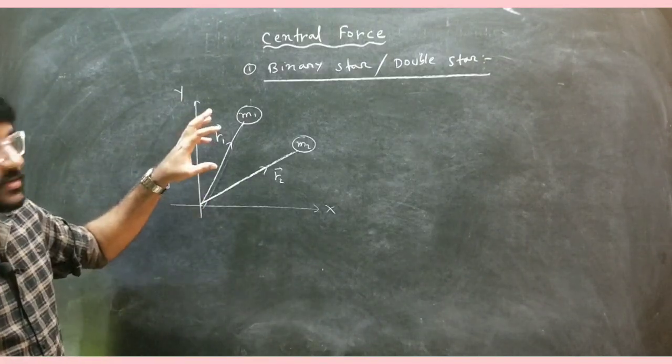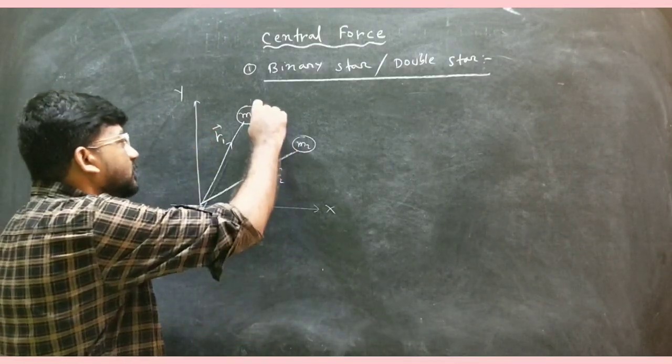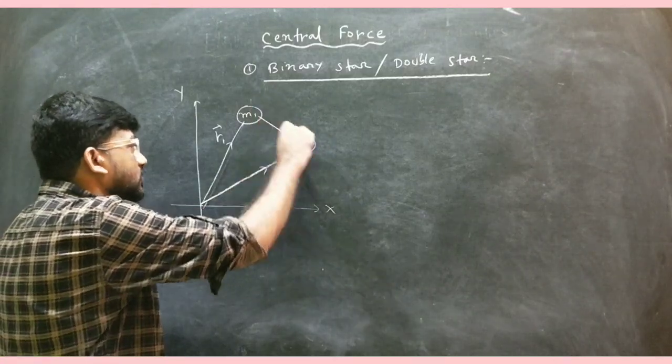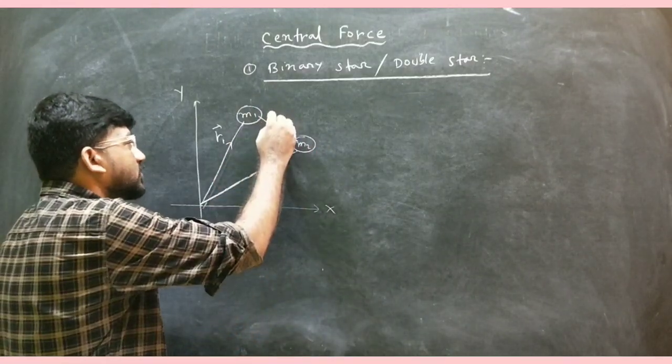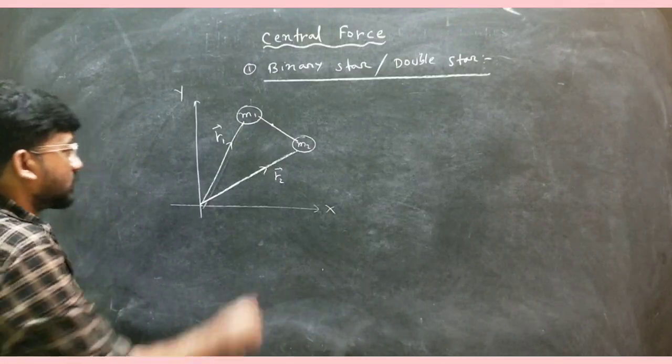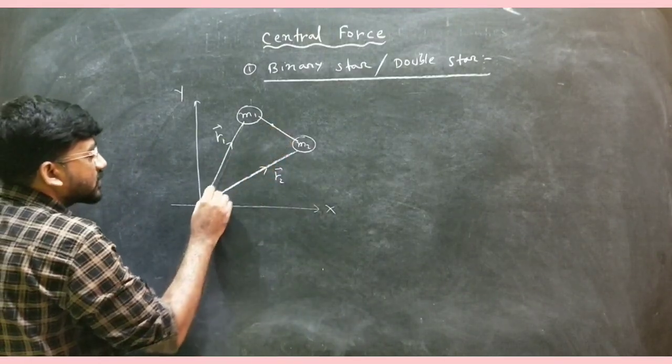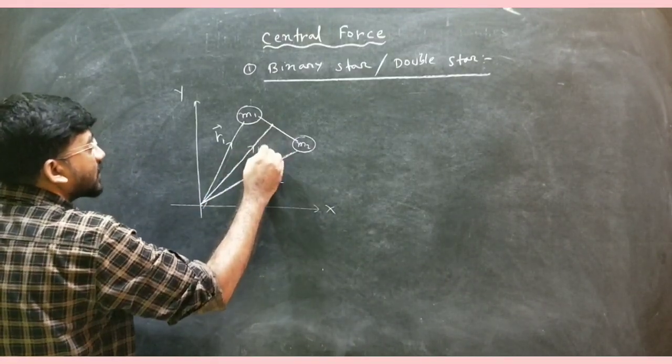For that purpose, we have to find out the center of mass between these two objects first. So we have chosen a point which is the center of mass. Suppose that this is the center of mass, and the position vector of the center of mass is r center of mass.